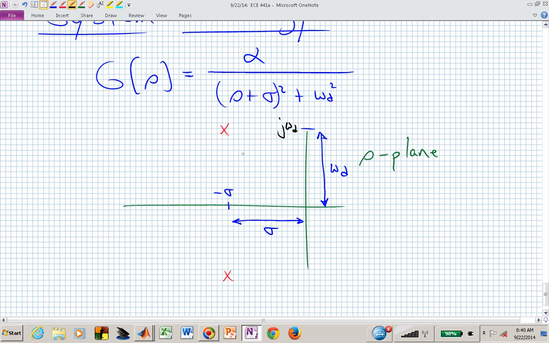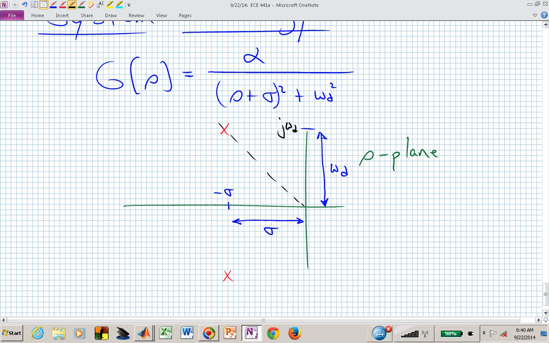And relative to this top piece, if you have sigma and omega sub d, can you tell me anything about the distance that pole is from the origin? Pythagorean theorem, isn't it?